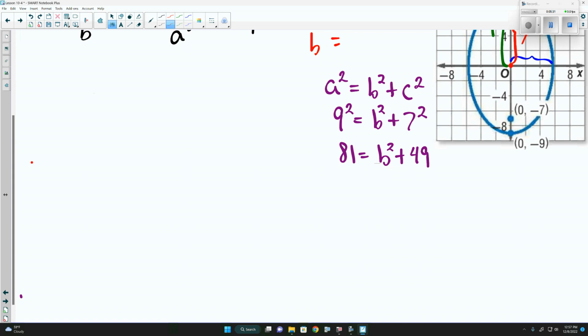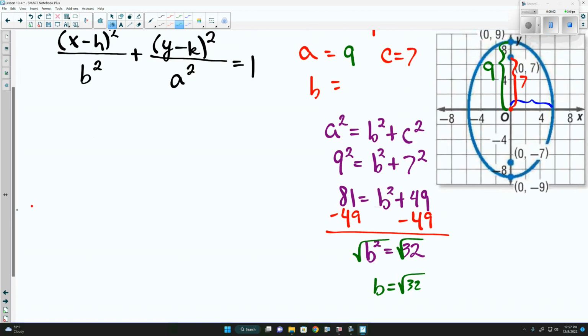At this point, we can subtract 49 from both sides, telling us that B squared is 32. And last but not least, we can square root both sides, saying B is equal to the square root of 32. We could reduce it to 4 square root of 2, but it doesn't really help us in this case.